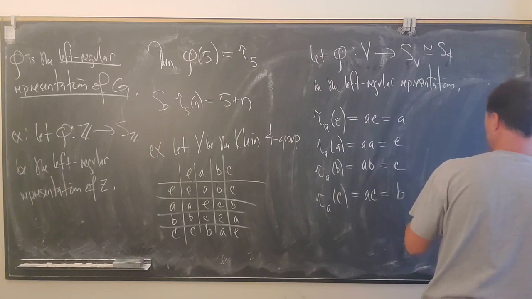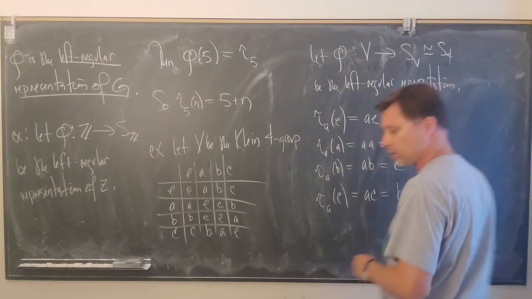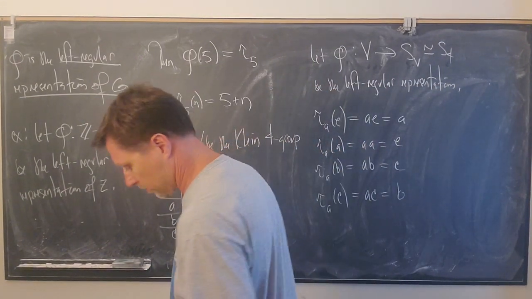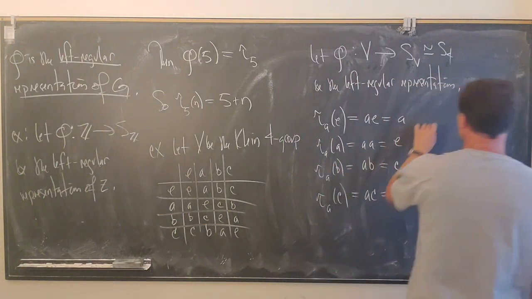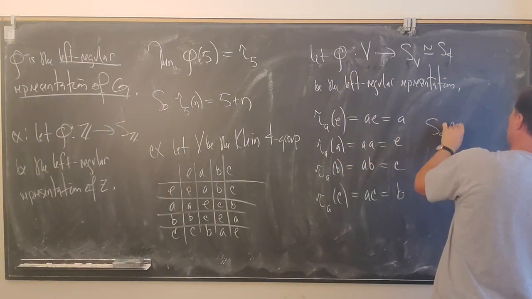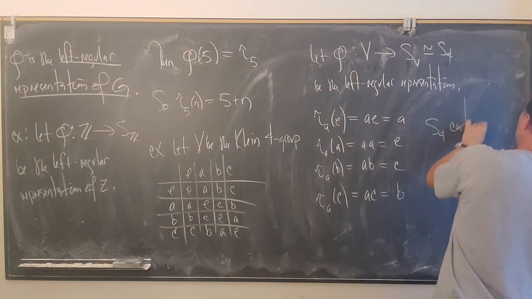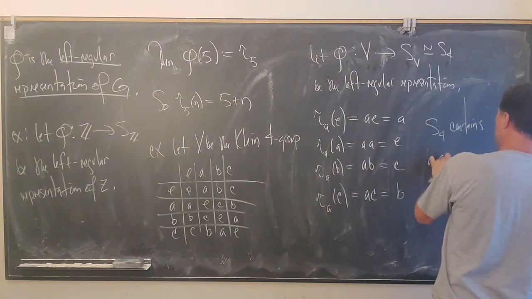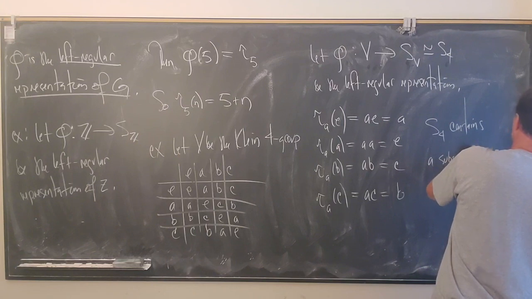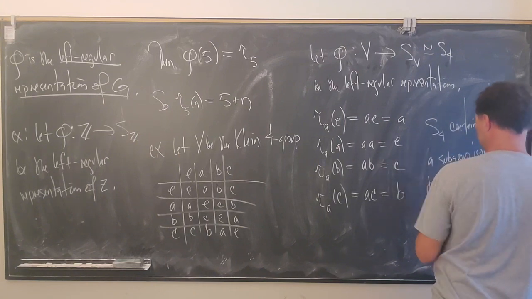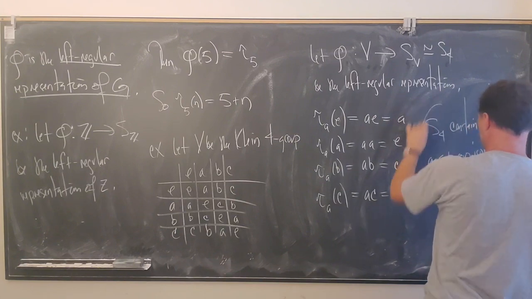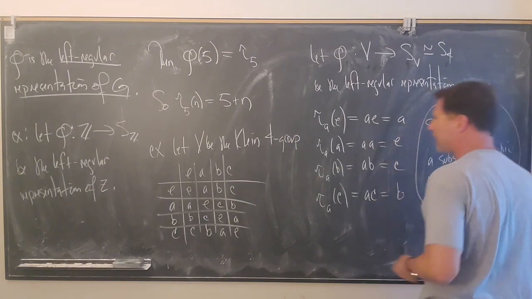So one thing to take away from here, I'll just say it: S4 contains a subgroup isomorphic to V.